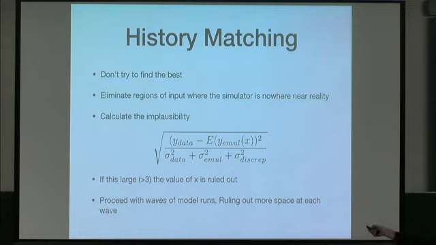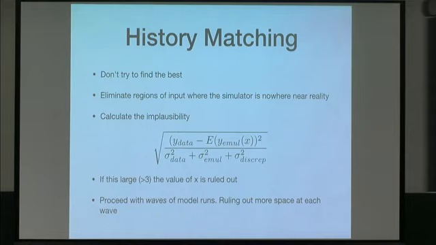And we do that through calculating this implausibility. And we take the difference between the data and the prediction of the emulator at some point x, and we take the squared difference between those two, and we scale it by the data error, which we hopefully know, it's the measurement error, the emulator error, which is an output from the emulator, which is actually also a function of x, but I didn't put that in, and some discrepancy term that I'll talk a little bit more about later, which is a measure of how far we think the model is from reality.